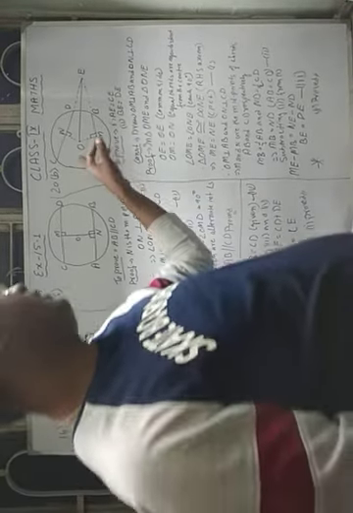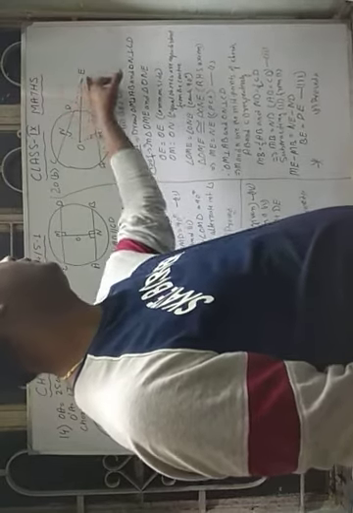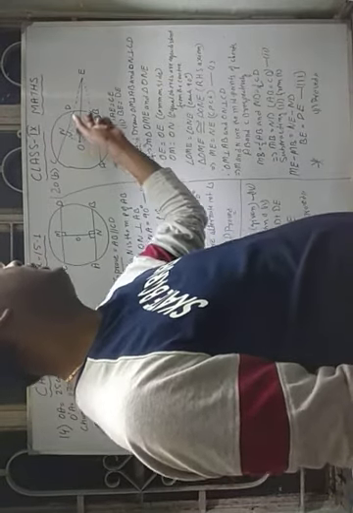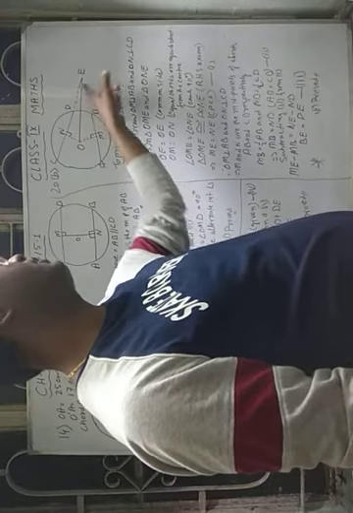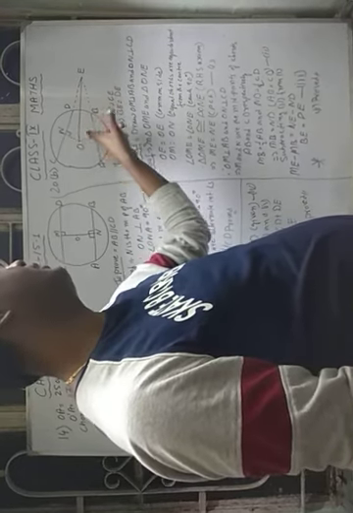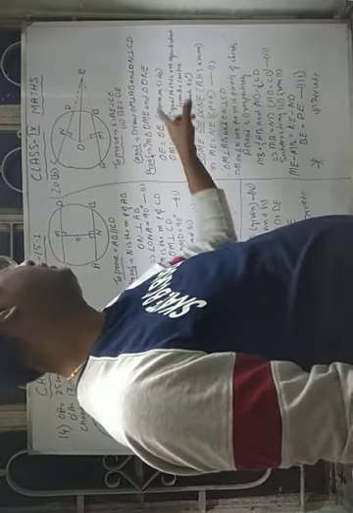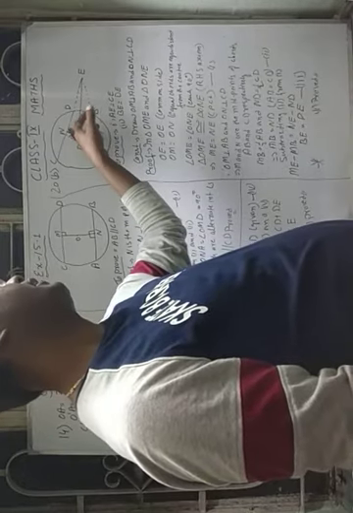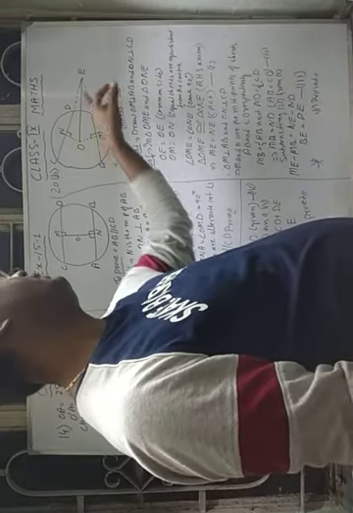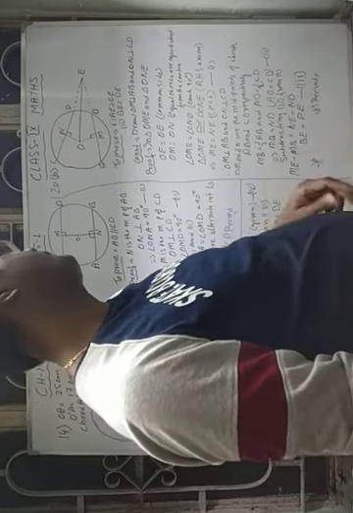In the first triangles OME and ONE, the line OE is common to both these triangles, and this is also the hypotenuse because these two angles are 90 degrees. So the hypotenuse OE equals OE, common side. After that, by construction, angles OME and ONE are both 90 degrees.